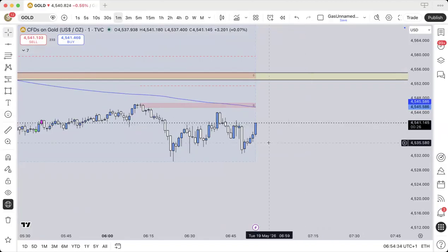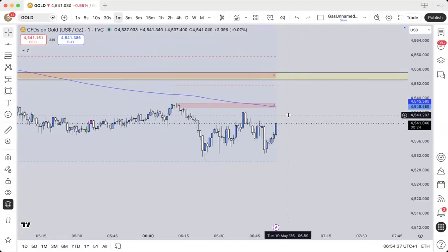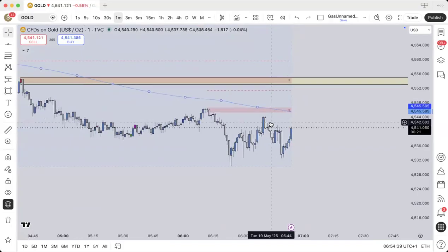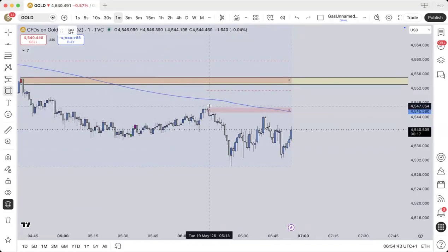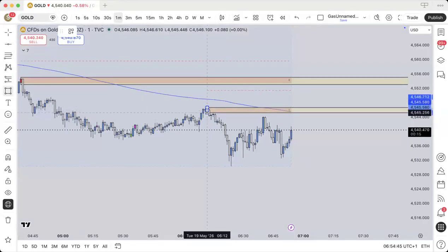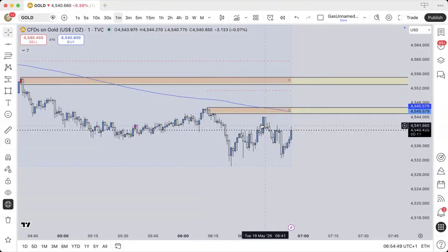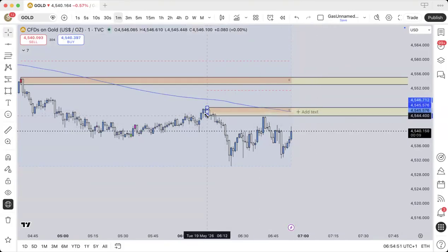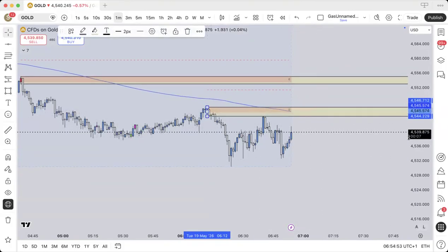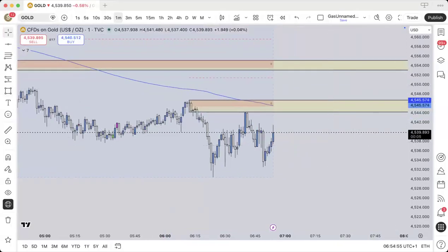Plus, I think gold's been a little bit better than DAX recently as well. Let's see what happens.